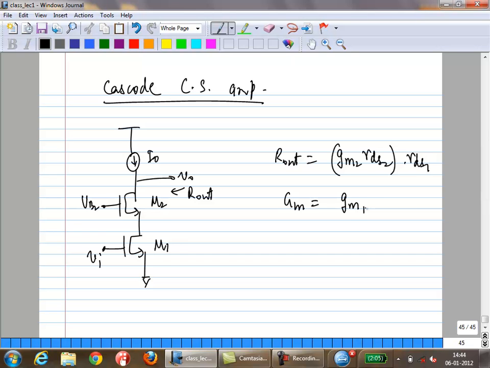The effective transconductance is just GM1, right? What is the gain of the circuit? Correct?